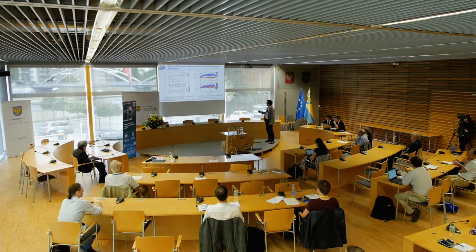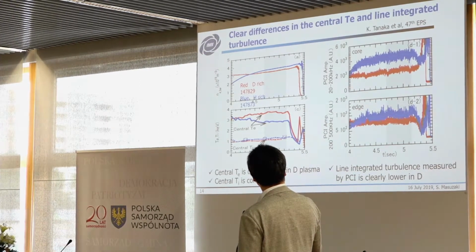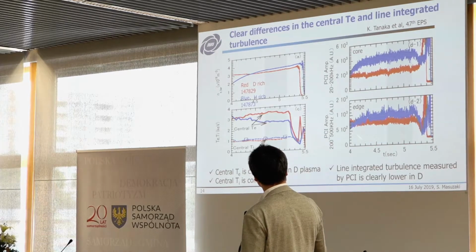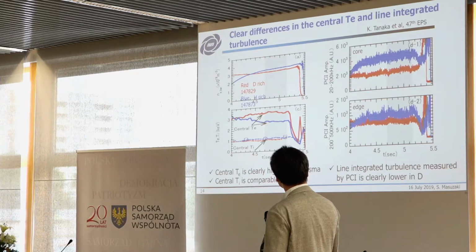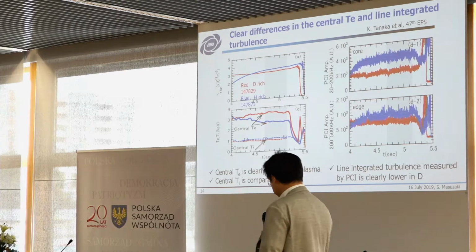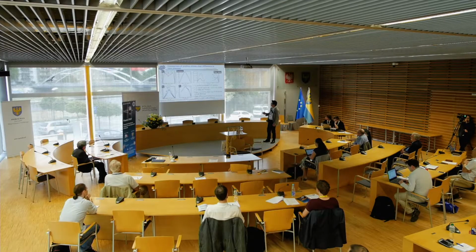This is the line integrated turbulence measured by the phase contrast imaging method. This is for the core plasma, and this is for the H plasma. In both regions, the turbulence level is reduced in the deuterium case. And we observed density and temperature profiles at the gray hatched timing.